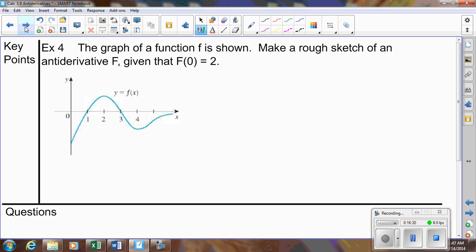Okay, example 4. Here is the graph of a function. Make a rough sketch of its antiderivative, given that f of 0 equals 2. Now, a lot of this is based on some of our pieces that we did before. When we first introduced the derivative, do you remember doing pieces that said, here's a graph, draw its derivative?